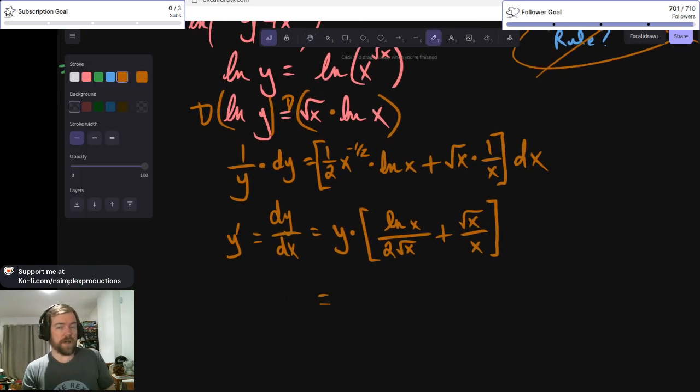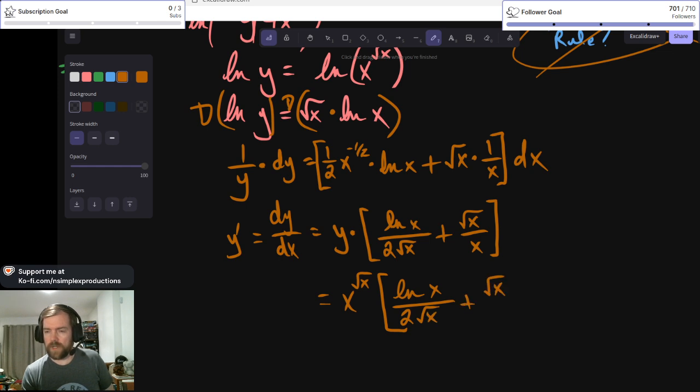Alright, but y was the original function, so x raised to the root x. Now it's all in terms of x. Natural log of x over 2 root x plus root x over x.